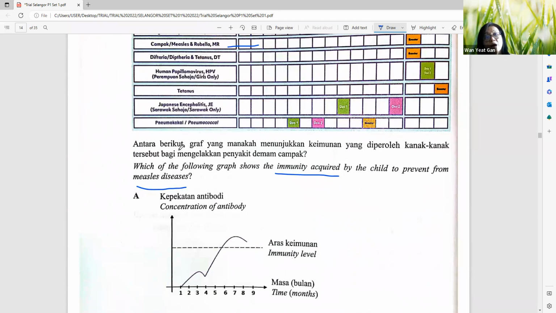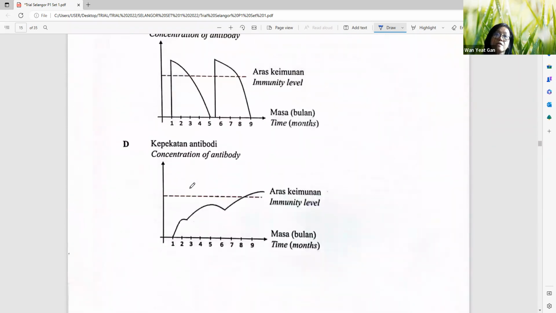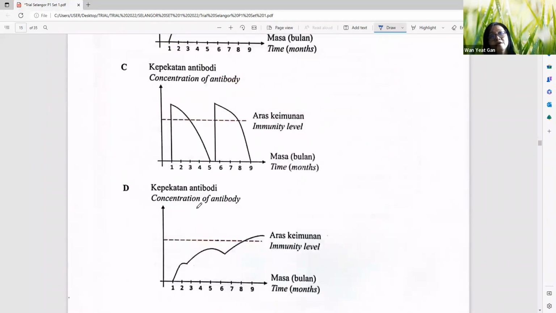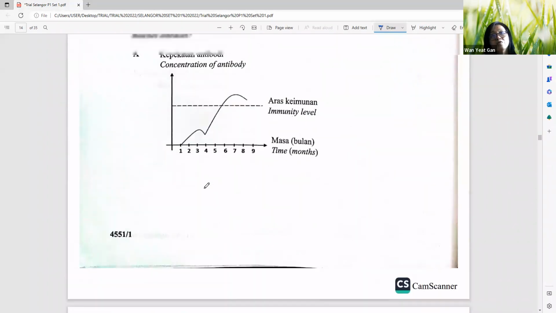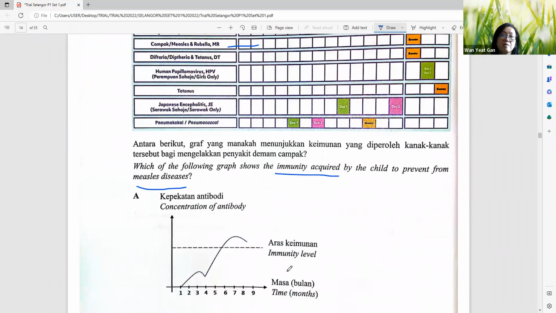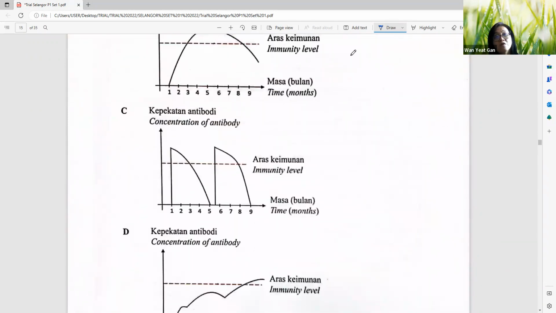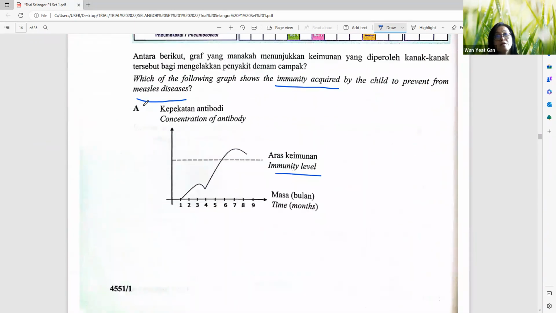So we are looking at a graph that requires the antibody to rise above the immunity level. For measles, the first dose will not reach the immunity level. You need 2 doses for it to pass the immunity level. So these are not the answer. The answer here is A.